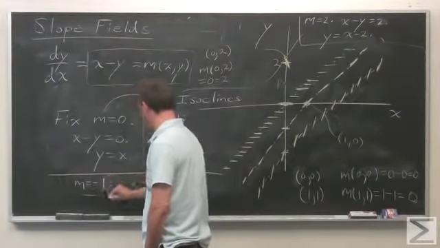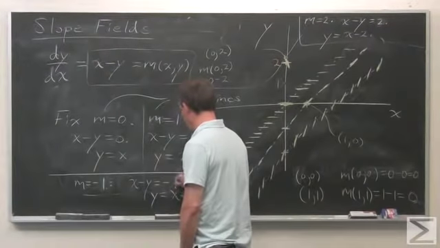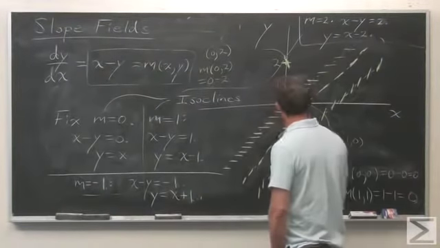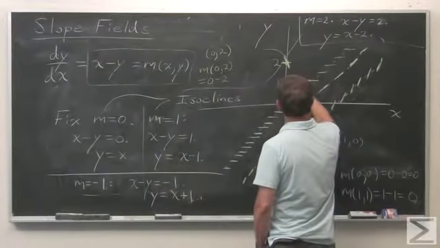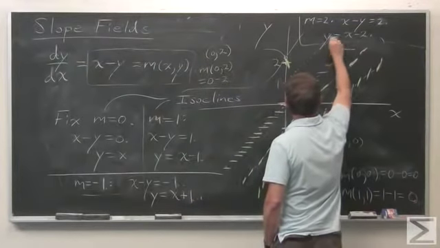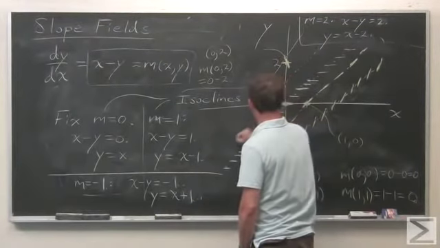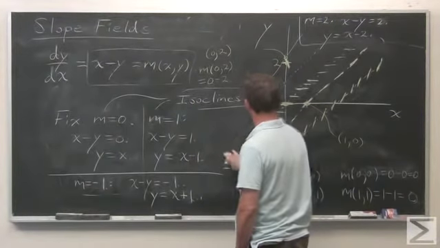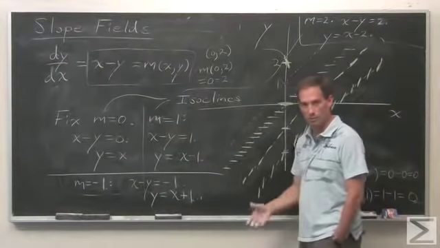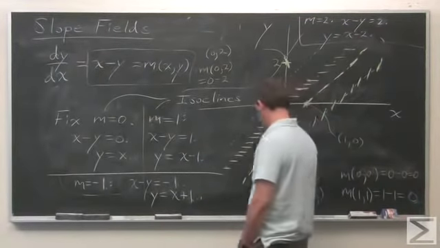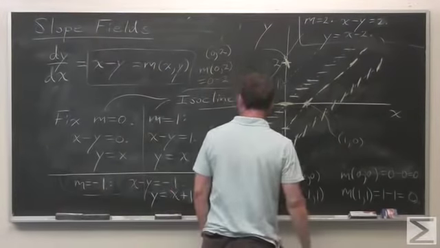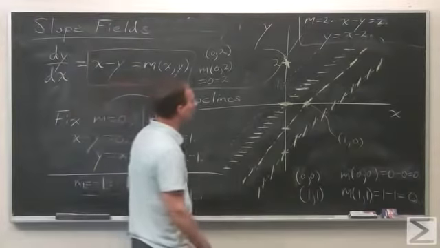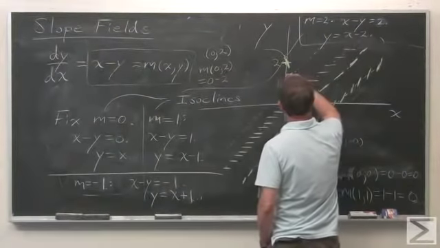Sorry, let me go with slope minus 1, just for ease of drawing. So when we fix m at minus 1, we would get x minus y equals minus 1. That is y equals x plus 1. So we get a line of slope 1 and y-intercept 1. So that's this line. The dotted lines are the isoclines. They are absolutely not solution curves. They are just lines or curves that we're using to help us draw the slope field. And along this isocline, we should have all slopes minus 1. So slope minus 1.